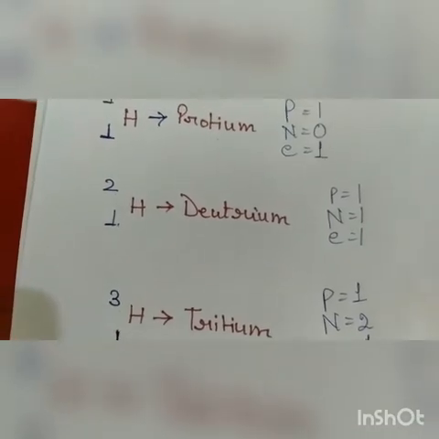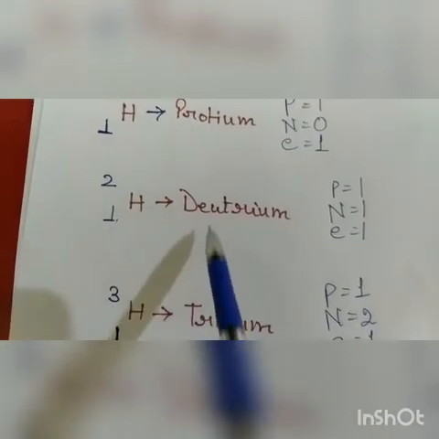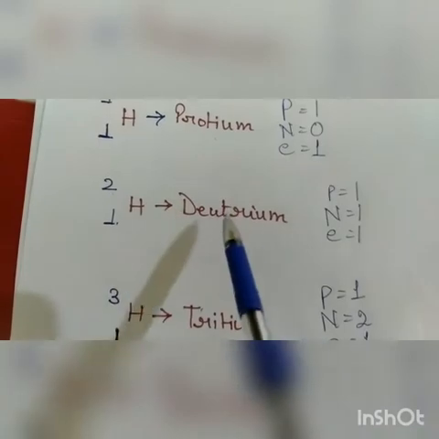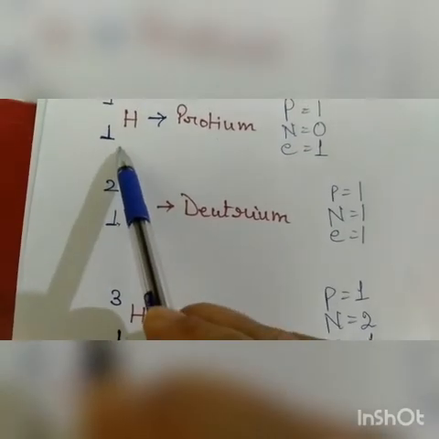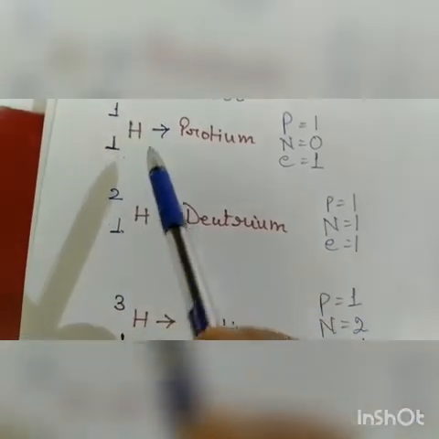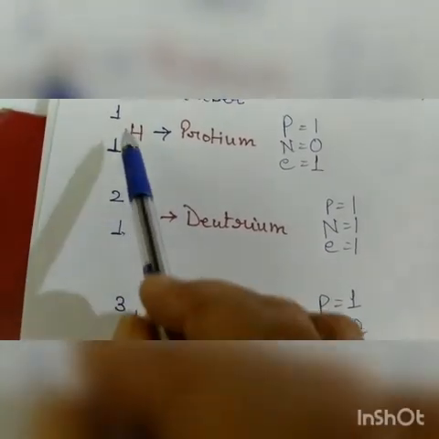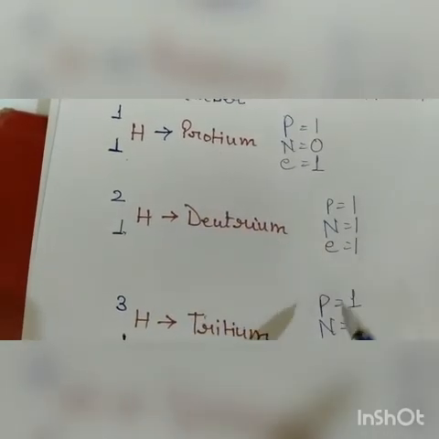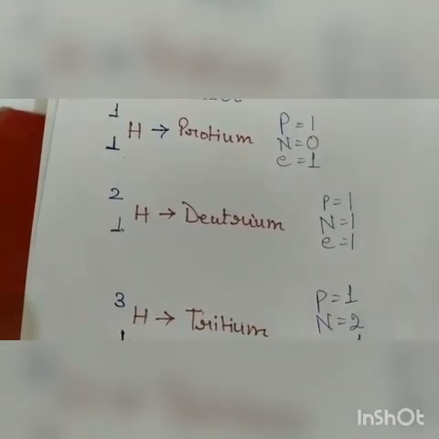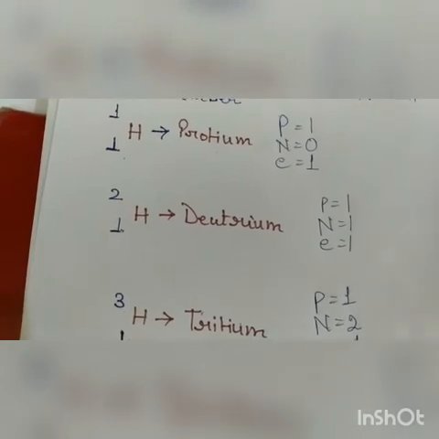You can see these 3 isotopes of hydrogen: protium, deuterium, tritium. They have the same atomic number but different mass number, and this difference in mass number is due to the difference in number of neutrons. I hope it is clear to everyone.